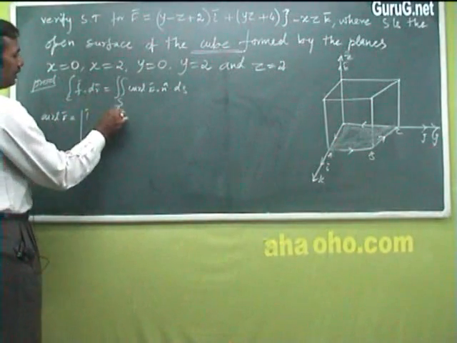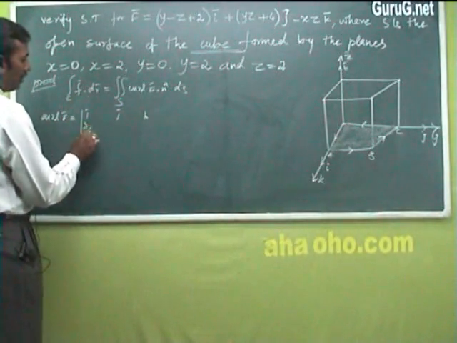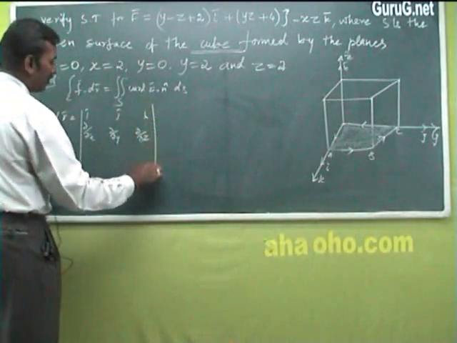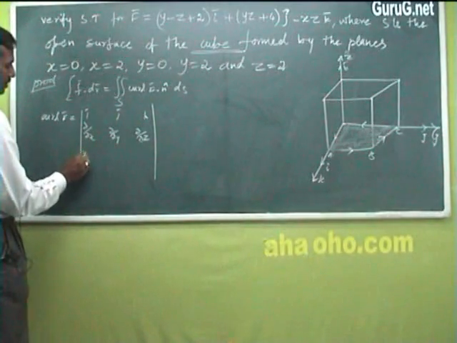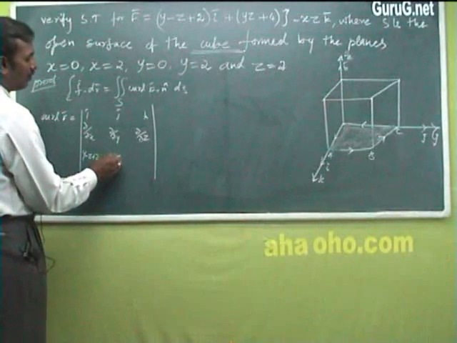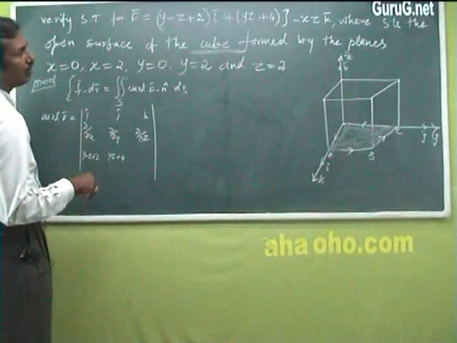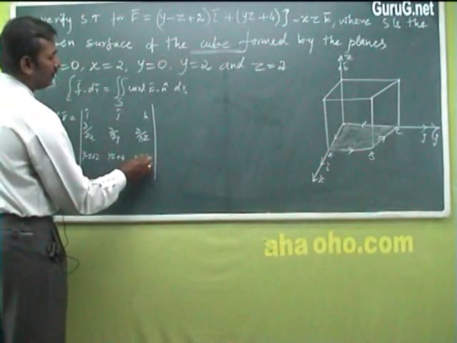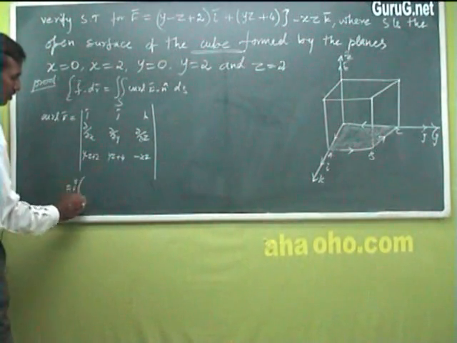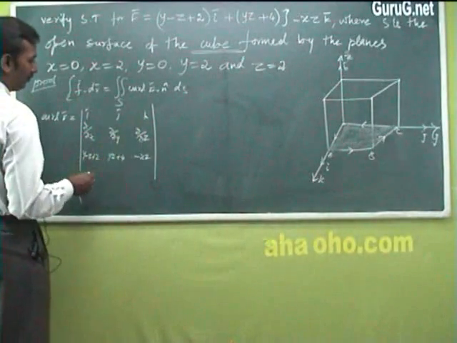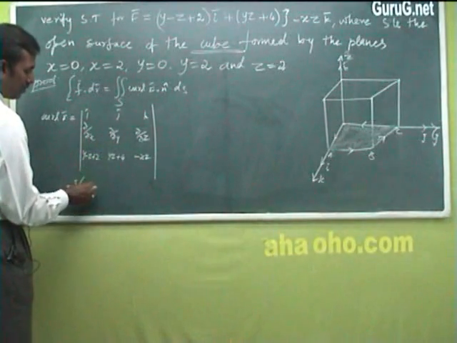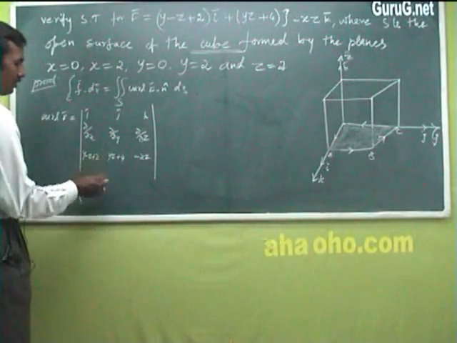determinant i, j, k, dou by dou x, dou by dou y, dou by dou z, y minus z plus 2, yz plus 4, minus xz, right? So i vector into, so much this column and this row, we will differentiate, this is 0, this is minus y, right?